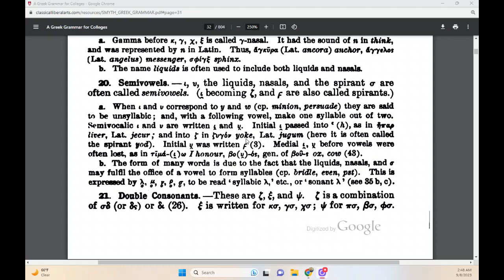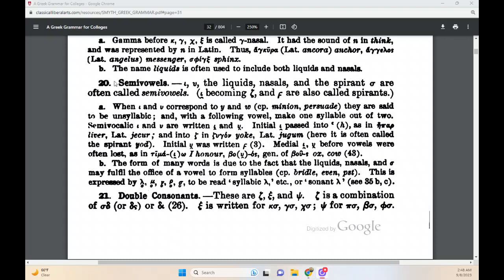So if you get into different authors in the future and you're reading Greek from different periods, you're going to have to do some study to understand the differences between the different periods. And there are whole books written on those subjects, so it's not something you would need to worry about now. If you ever get to that point in your studies, there are plenty of resources to help you understand those things. So just some historical notes.